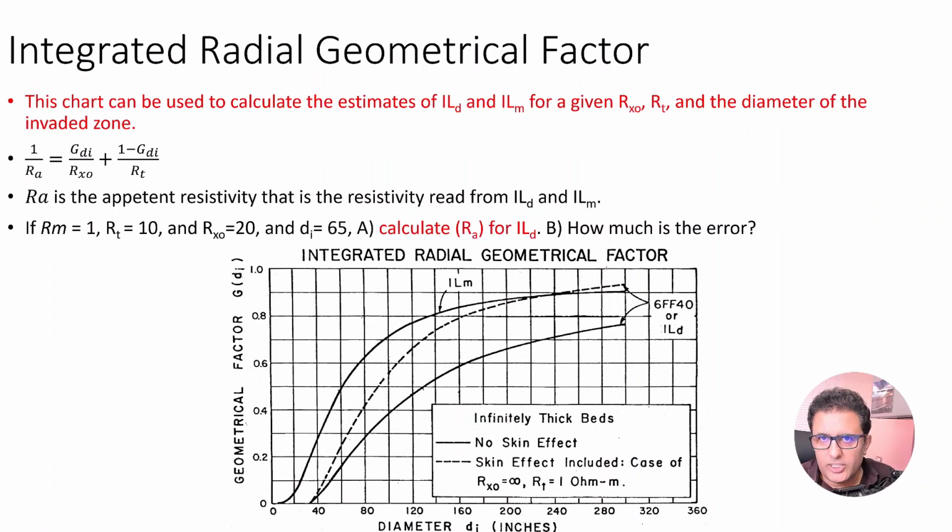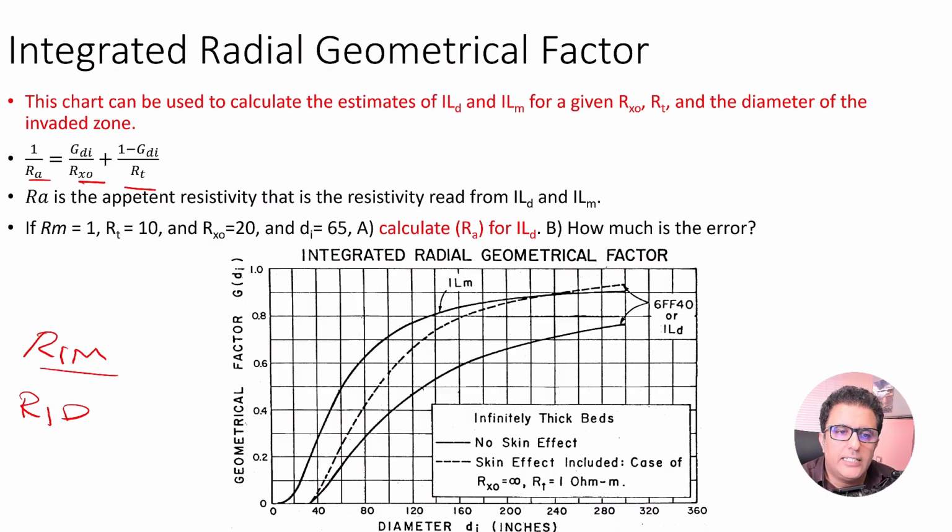Okay, guys, so one chart is available, and this chart helps us to estimate the resistivities of RIM or RID for a given RXO or RT. As you see here, RA is the apparent resistivity that can be either RIM or RID.